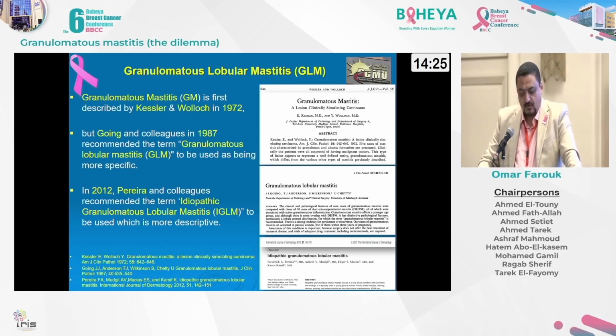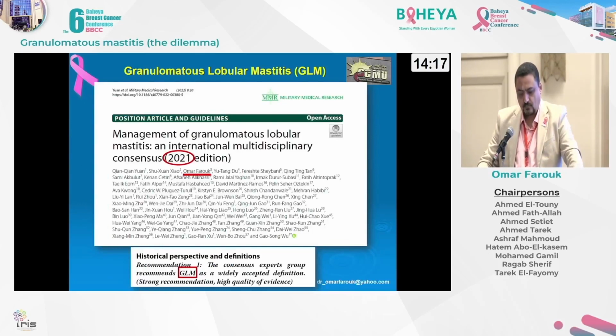In 2012, Brierley and colleagues recommended the term idiopathic granulomatous lobular mastitis, which is more descriptive. We chaired an international multidisciplinary consensus 2 years ago, and we recommend granulomatous lobular mastitis as the widely accepted definition.